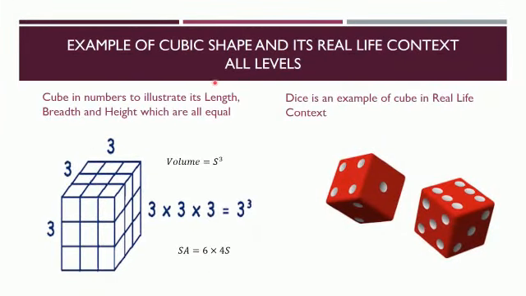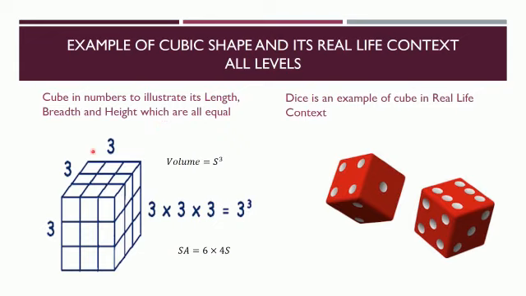Example of a cubic shape and its real life context for all levels again. Cube in numbers to illustrate its length, breadth and height. In this case, the breadth, length and height are the same. Hence we call them S for sides, because all the sides are the same.